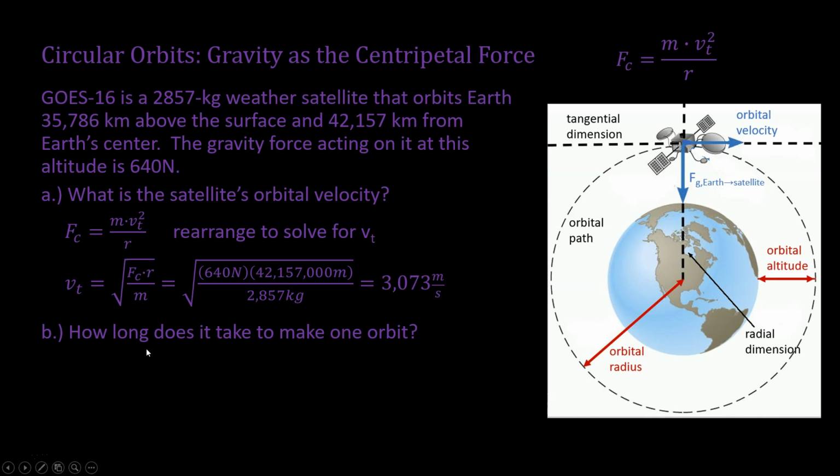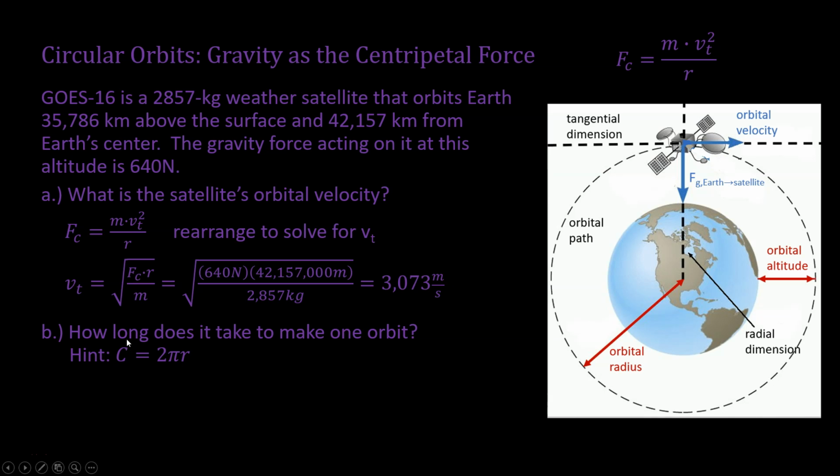Part B, how long does it take to make one orbit? And here is an important hint. We need to remember that the circumference of a circle is 2 pi r. So even though we're talking about a circular orbit that's huge, it's still a circle. And so the length of one orbit is 2 pi r.